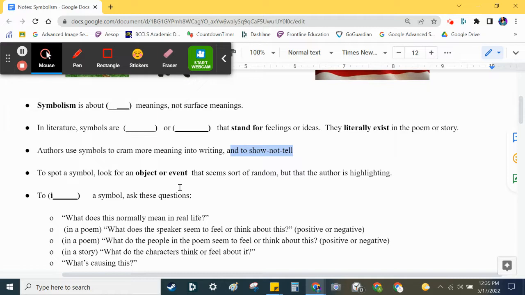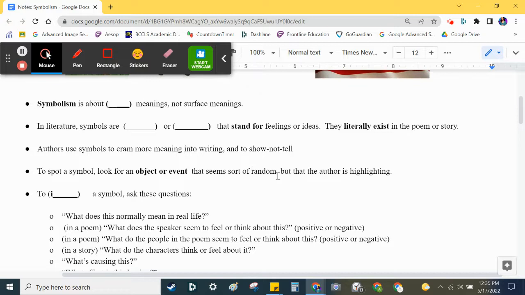And there is no way to know for sure whether it's true. If you can make a good argument for it, then you can get people to agree with you. And that's what you'll use to help understand the writing. So to spot something that might be a symbol, look for an object or event that seems sort of random or like it doesn't have built-in importance, but the author's highlighting it for some reason.